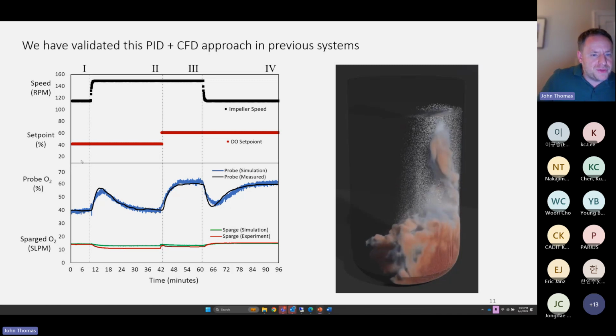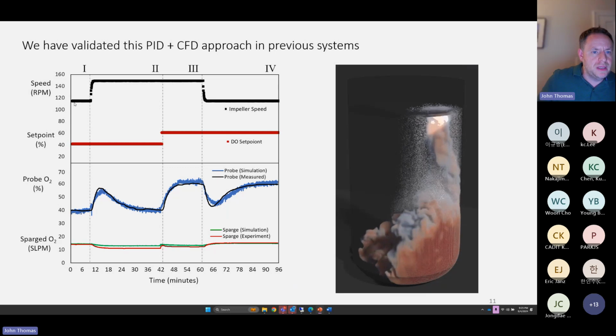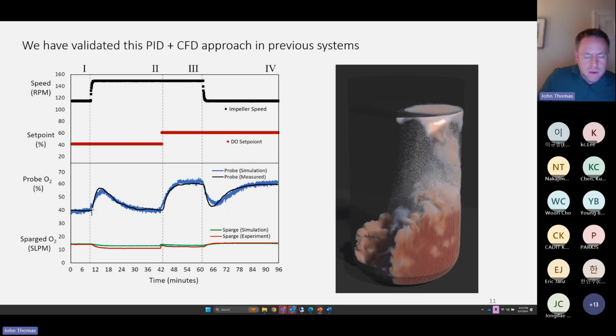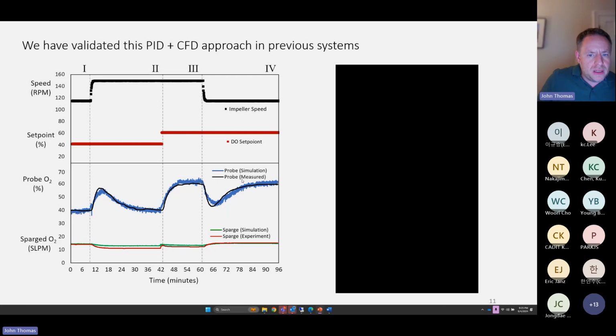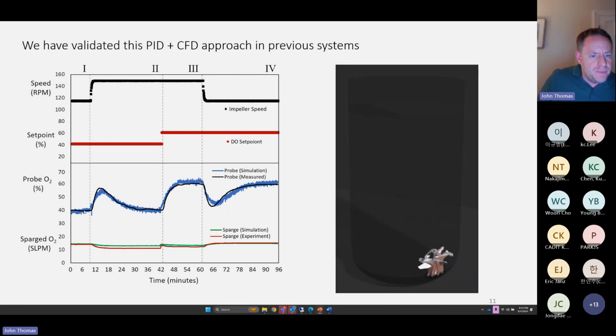For example, after 10 minutes, there was a change in the impeller speed from 115 to 150 RPM. What did that do? Well, according to the measured data, there was a spike in dissolved oxygen concentration, and then eventually, after about 30 minutes, it returned to the target value of 40%.